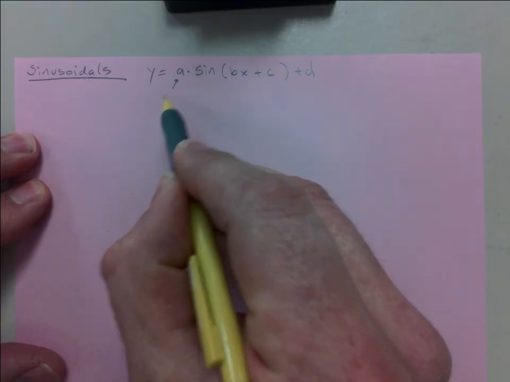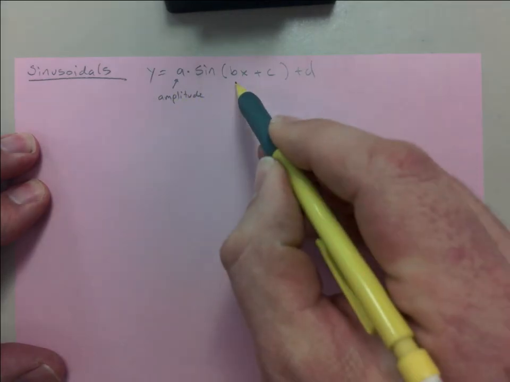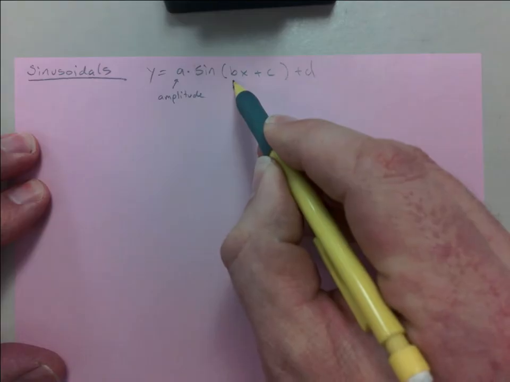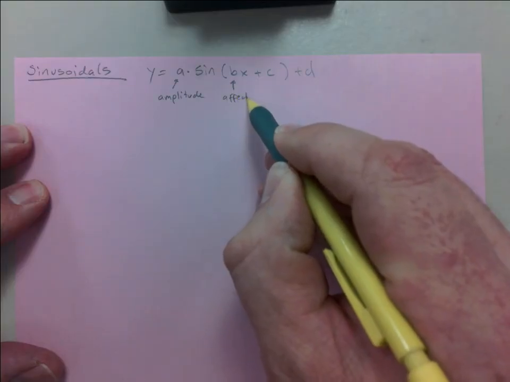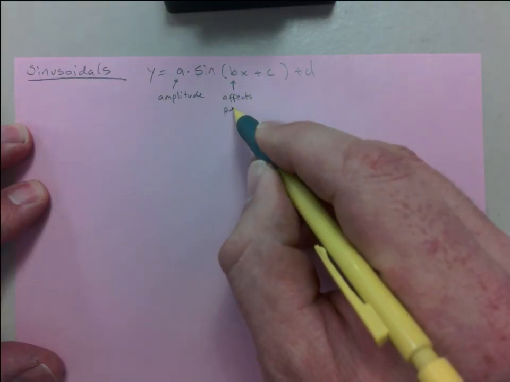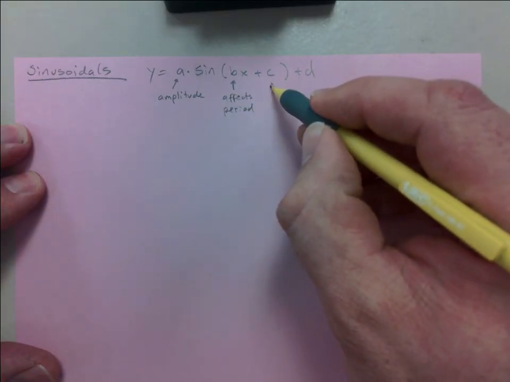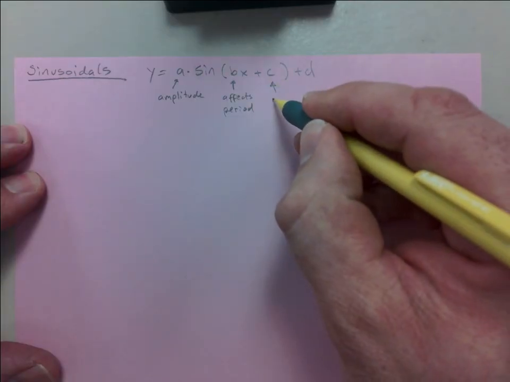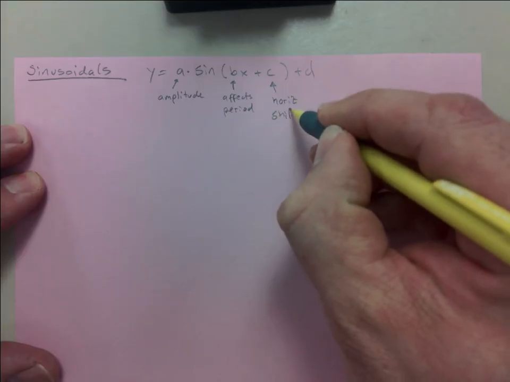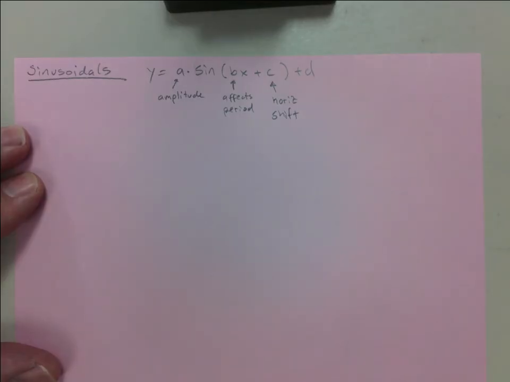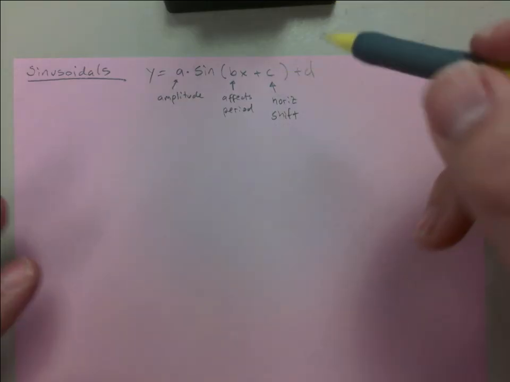You can say that this is the amplitude. This affects the period. Horizontal shift. This one, I can't think of a scenario where you have to change that or do anything to that one.